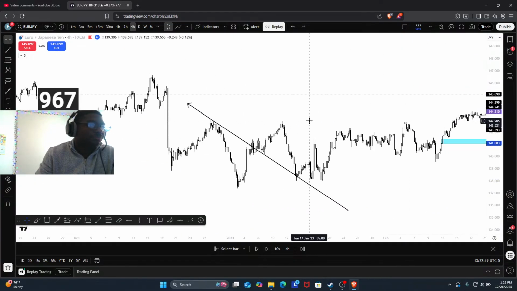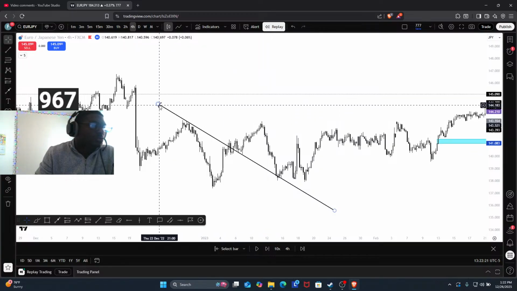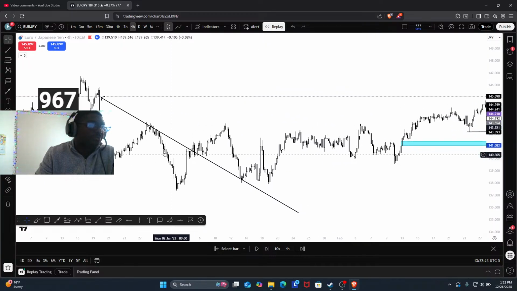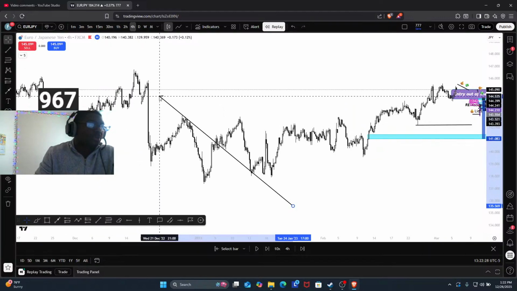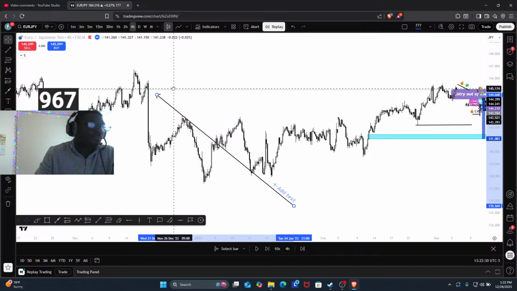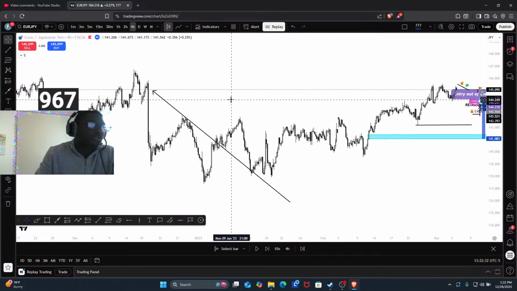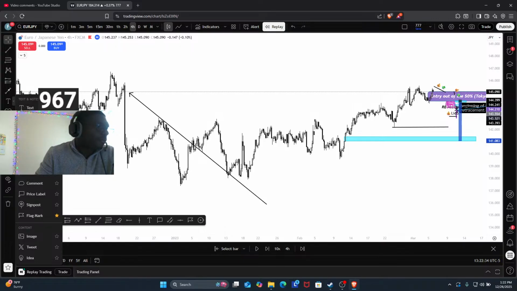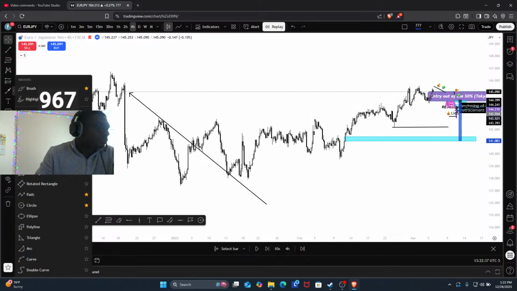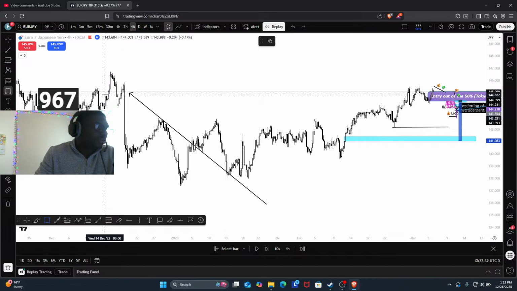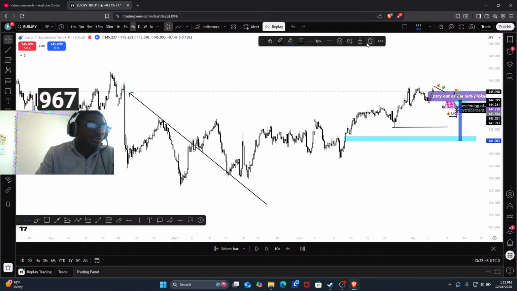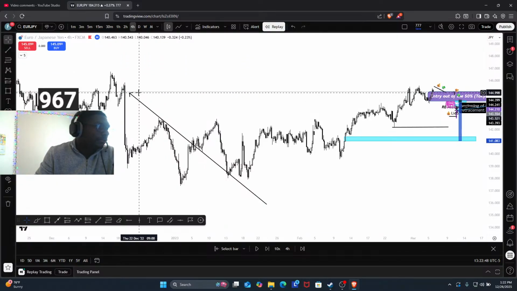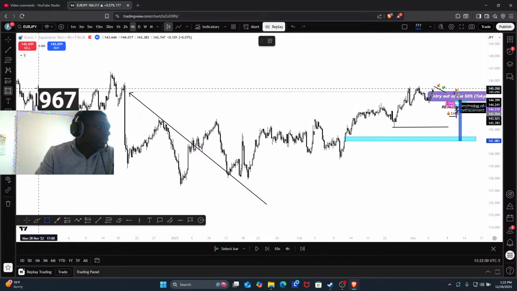What happened here? Well, this is an area that never got accumulated or distributed out of, right? It's an area that's never been touched, but it's valid. What makes the area valid? Well, you have this major candle before it pushes down, and then you have wicks within that area.